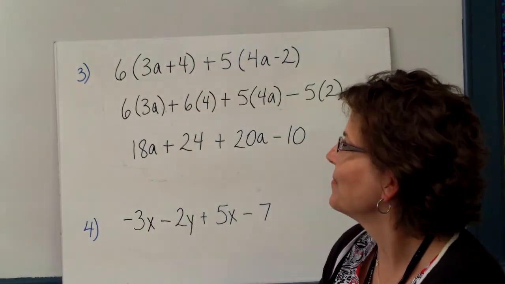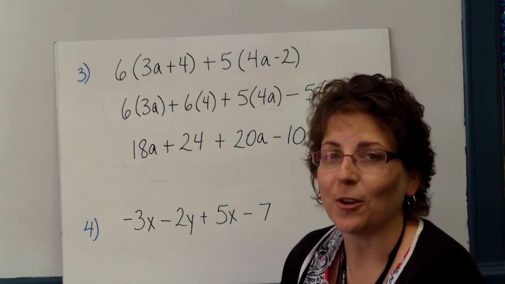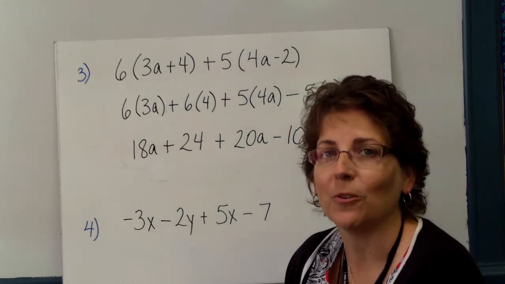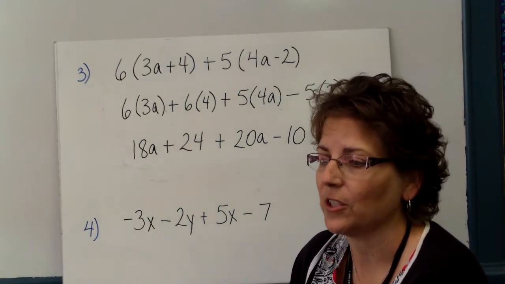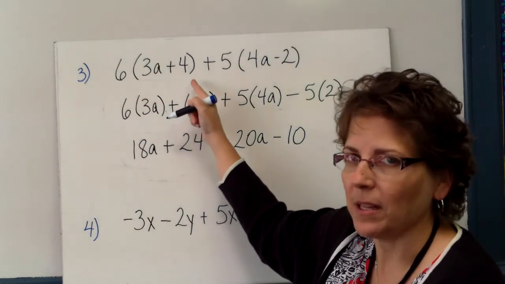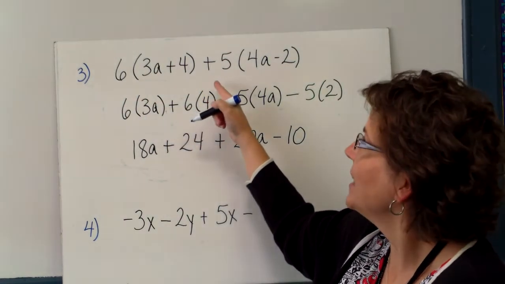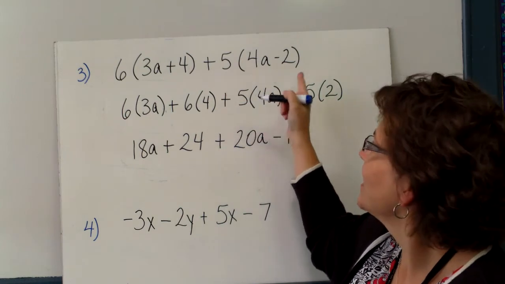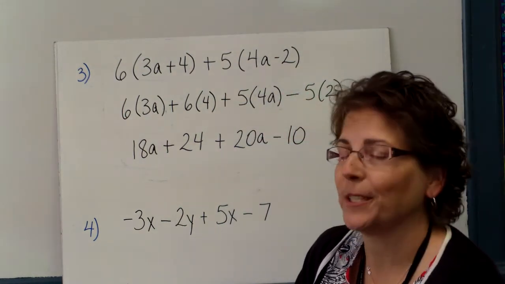Number 3 is a little trickier because you have to remember what we've learned already about the distributive property. So let's look at this. 6 times 3a plus 4, plus 5 times 4a minus 2.